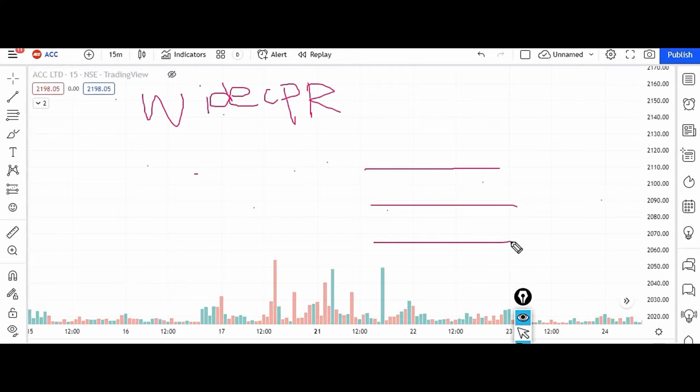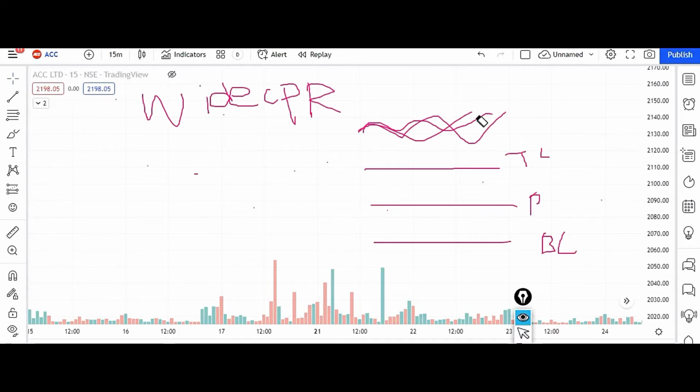If it is a widened CPR and price is trading above these levels, TC and BC, if it is trading above TC, probably it holds this level.